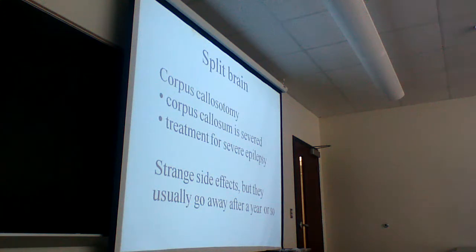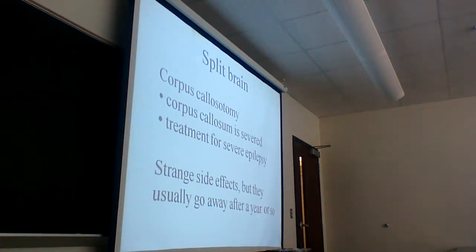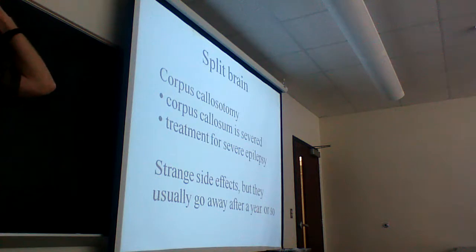It has some strange side effects, though, right? So, for example, my speech functions are left lateralized, right? And this is the side that controls the right side of my body. My sensations and motor functions on my right side are on the same side that my speech functions are.